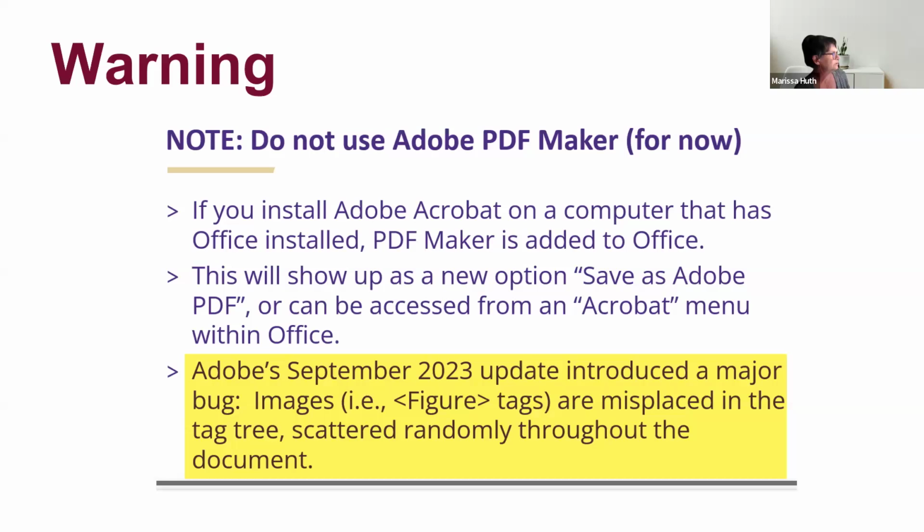Okay, one of the resources I did find, and it's one of those that had way more information than I was looking for, but one of the things they said that I wanted to bring out here, I'm not sure if this is still current, but they did say that in September 2023, the update to Adobe PDF Maker had a bug in that figure tags or image tags, etc., are misplaced in the tag tree.